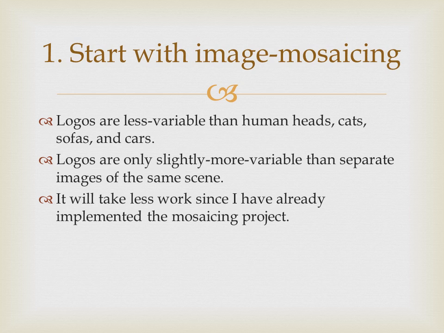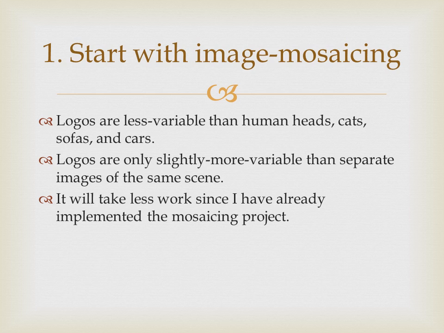I thought that would save me some work, and there are a couple of reasons why I thought a lot of the feature detection stuff that we learned wasn't really necessary. First of all, the logos, whether it's the flyers or Google, are a lot less variable than a lot of the examples that feature detection is designed for.